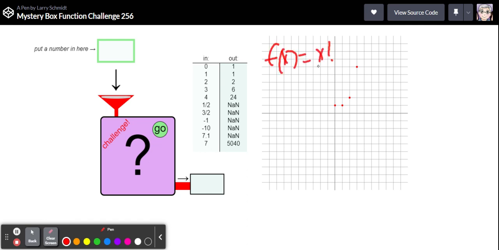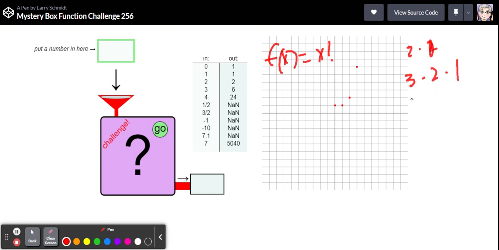A factorial is where you take the number and multiply it by all the other numbers below it. The factorial of 0 is a weird one, it's defined as 1 for reasons I won't get into here. But 1 would just be 1, and 2 would be 2 times 1. And 3 would be 3 times 2 times 1, that's 6.